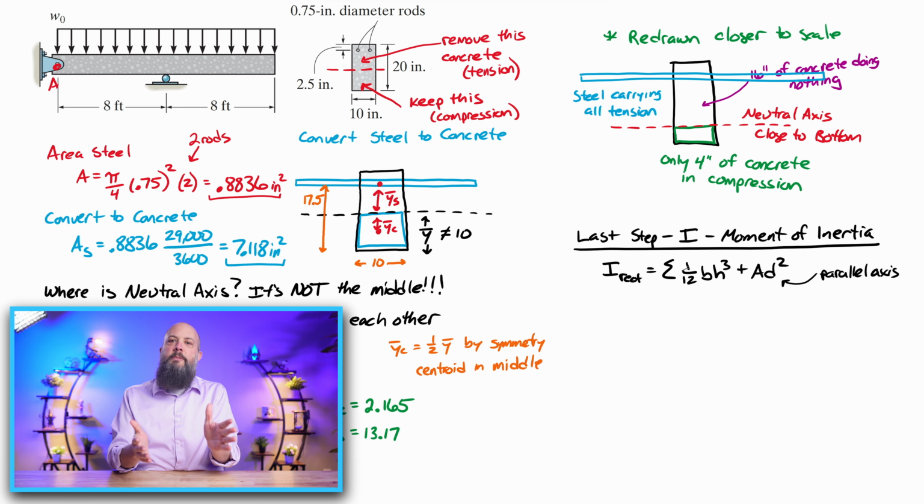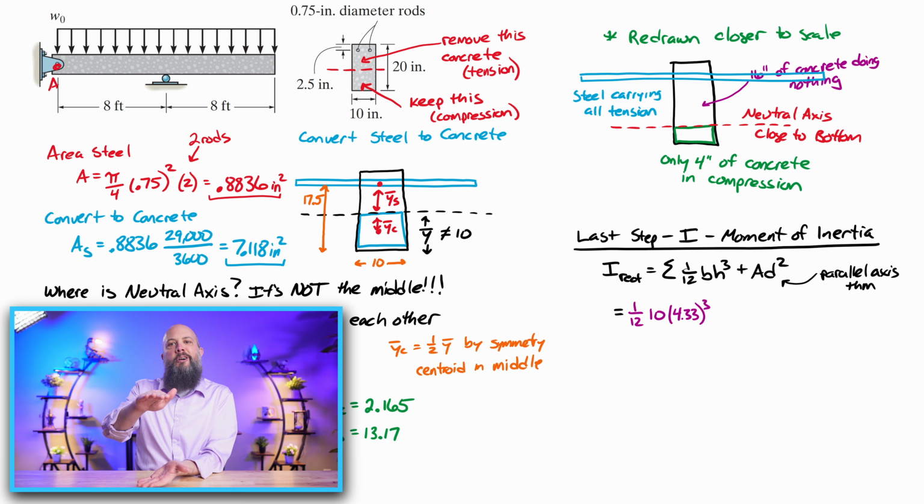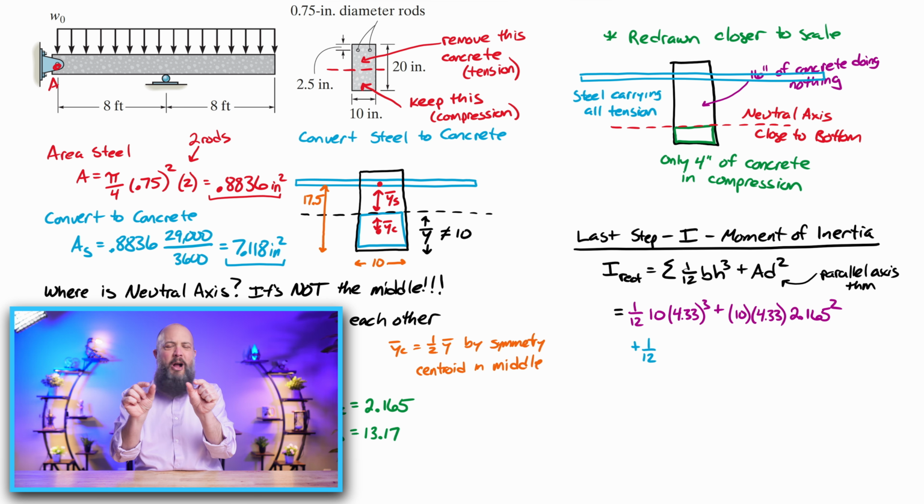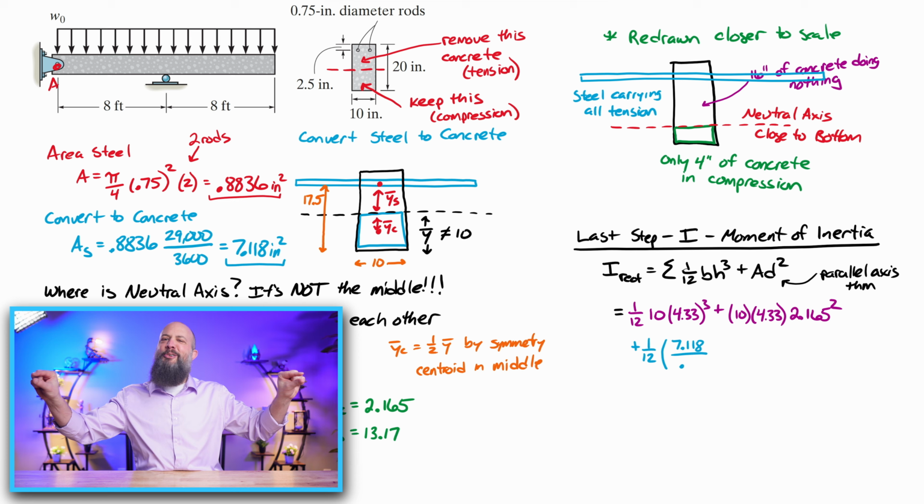So for the concrete, 1/12, base of 10, height of 4.33 cubed, and then AD squared, 10 times 4.33 for the area. Distance is that 4.33 over 2, so 2.165 squared. Now for the steel, technically we have 2 round rods, but we've converted this into an equivalent rectangle.